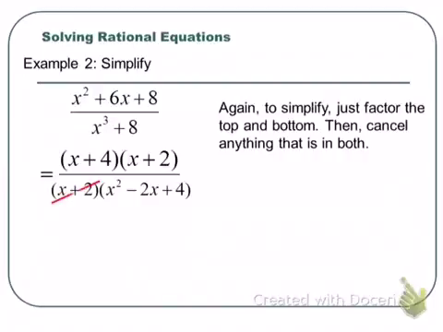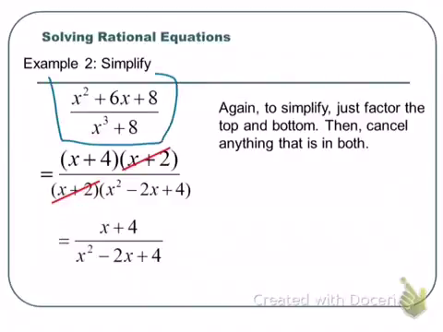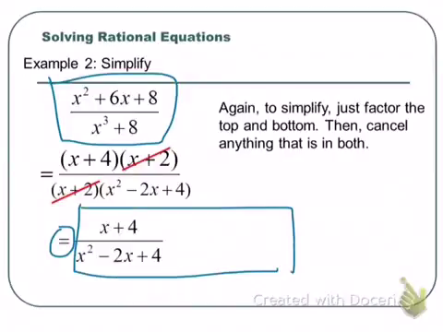And as soon as we cancel that, we're making a very, very big change in the function. We're removing something that's really bad from the numerator and denominator. If we're removing a 0 over 0 there, we're changing the value of the thing. So our excluded value is going to come from that point. We're left with x plus 4 over x squared minus 2x plus 4. And this thing that we started with is equal to this as long as x is not equal to what?